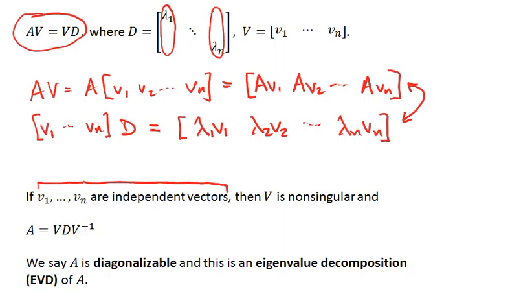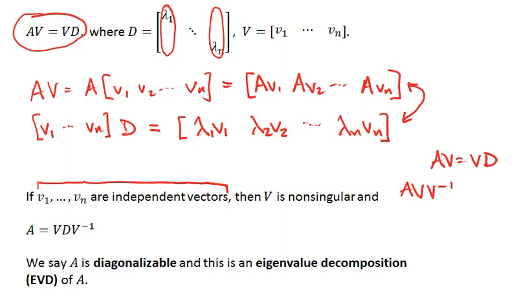Now, if these eigenvectors have another property, if they are linearly independent, that means there's no non-trivial combination of them which is 0. Well, that means that since they're the columns of V, they span an n-dimensional space, that V is non-singular, and therefore we can take AV equals VD and multiply on the right by V inverse.